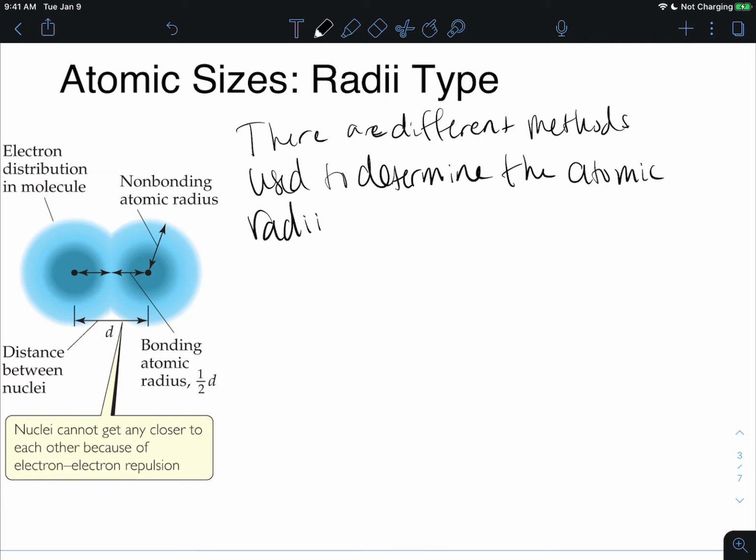And they're going to work well in some cases and not well in others, which is why there are different ways of determining this. The first one is called the non-bonding atomic radius. It's also called our van der Waals radius.